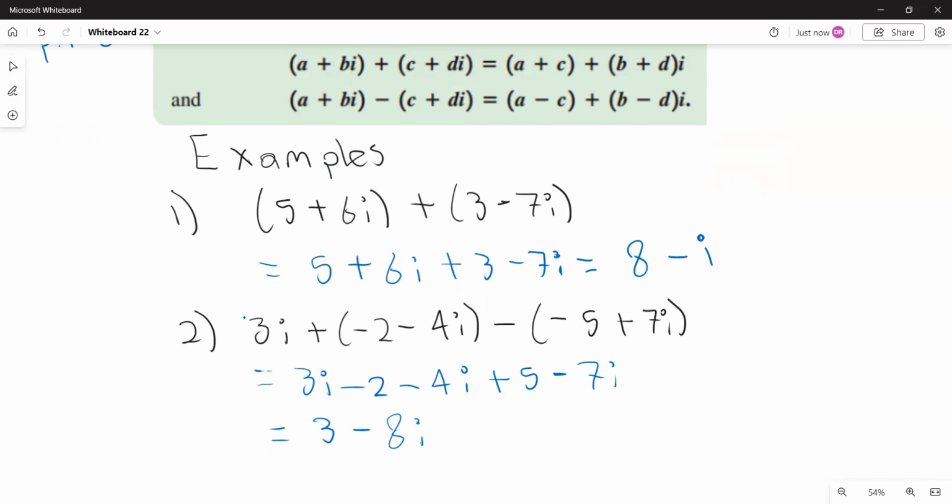When multiplying, they also give you formulas, but there's no need to memorize the formula. We're just going to FOIL and use the fact that i squared is negative 1.